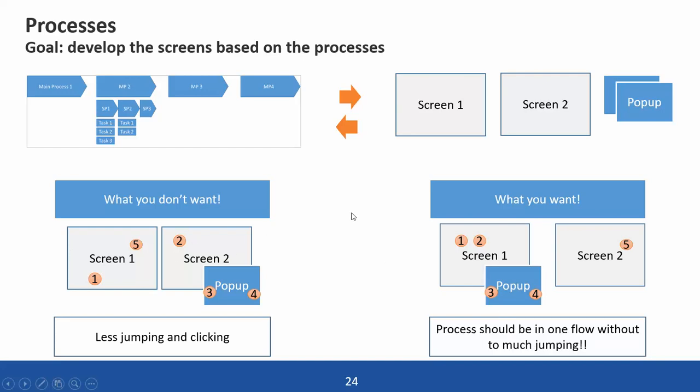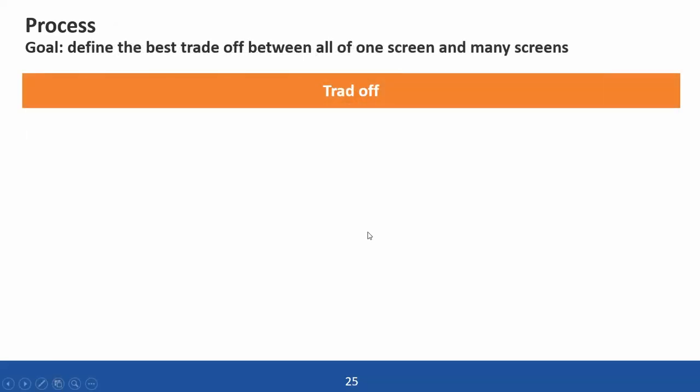So you have to understand what process you want to put in an app, and how is the best way to have a good flow with less jumping and less clicking, to have a really good user experience.